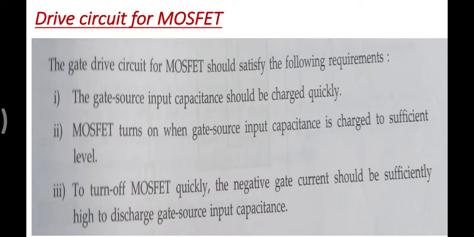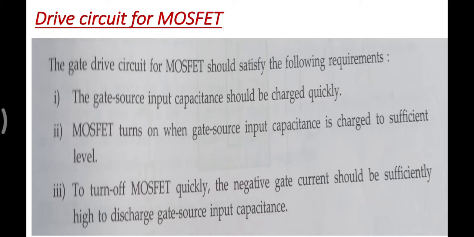That current must be provided by these capacitors. This is one of the important points we have to remember. The capacitors must provide sufficient current to turn on the MOSFET. This is the second important point.